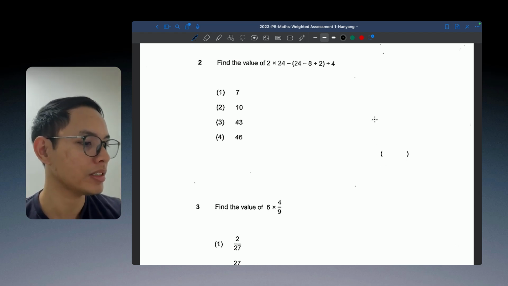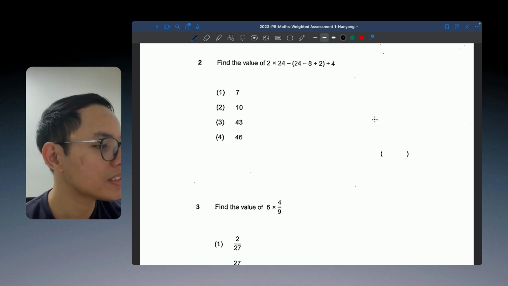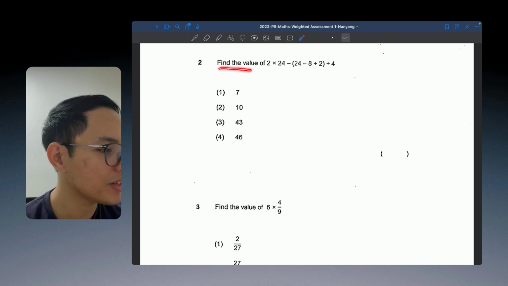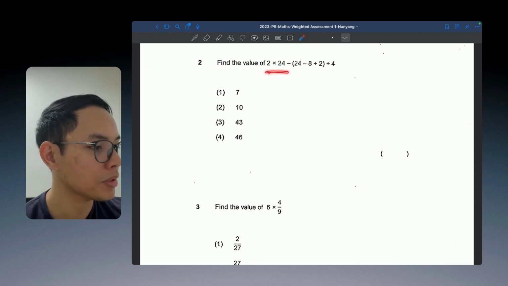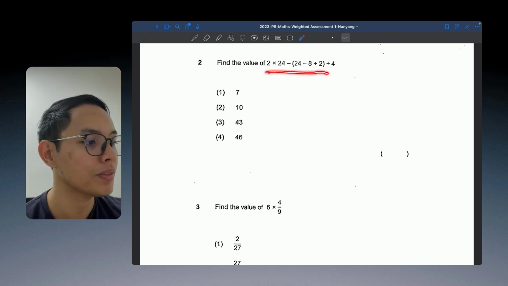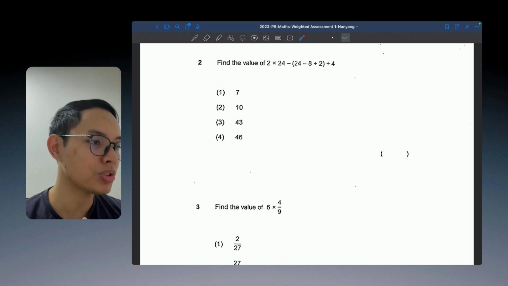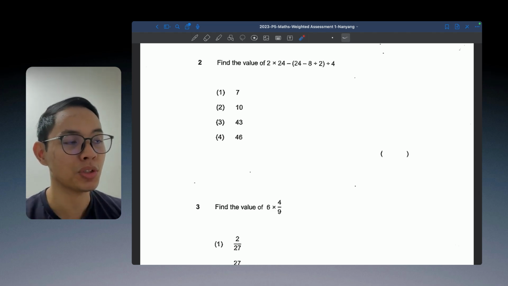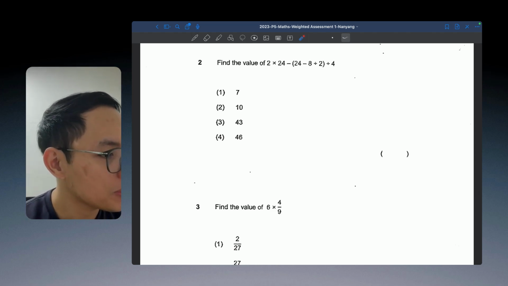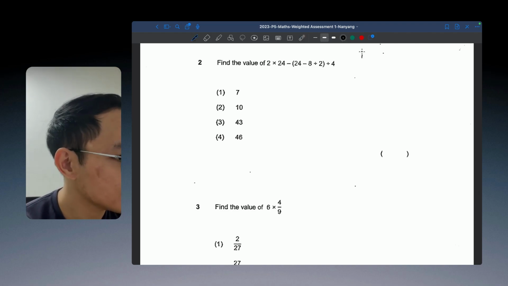The question is: find the value of this whole equation, 2 times (24 minus 8 divided by 2) divided by 4. First, the rules of multiplication and division, which one starts first? Number 1, always start with the brackets.